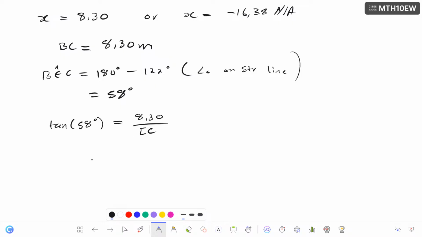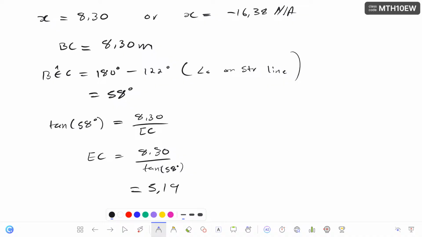Same thing, cross multiplication: EC equals 8.30 divided by tan 58 degrees. If you punch this in your calculator, we find our answer as 5.19.